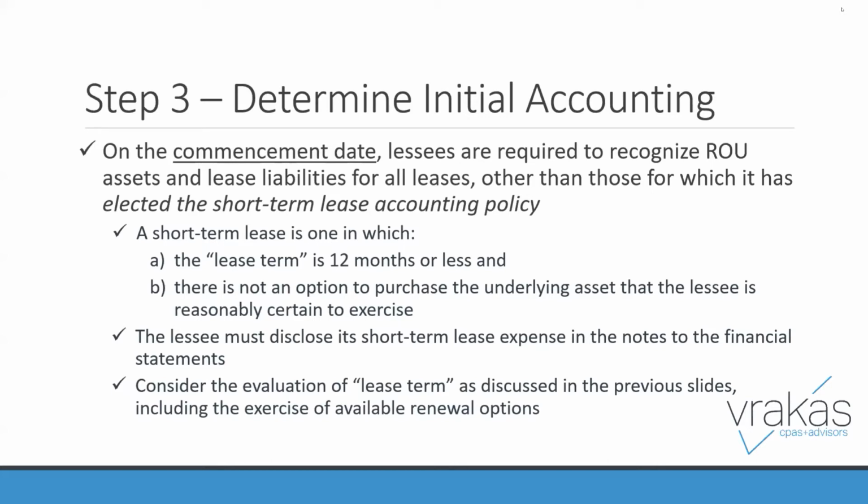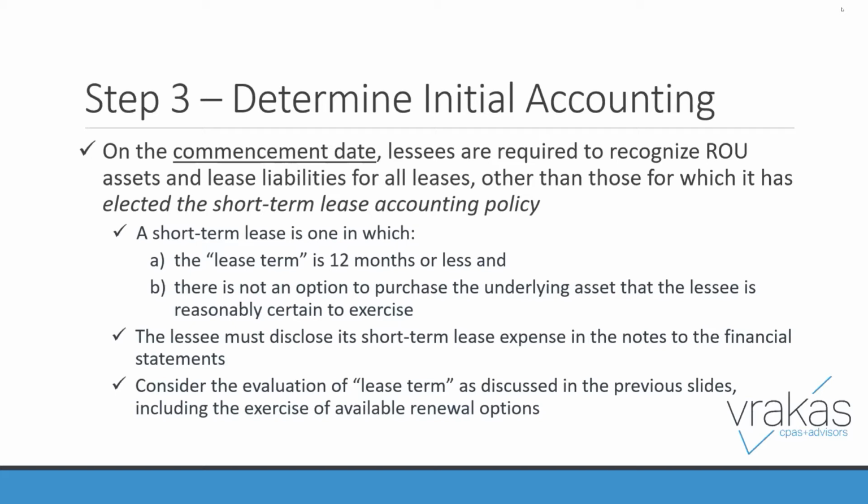But you have to, again, consider those renewal options. So when we talk about a quote lease term being 12 months or less, it's not simply the stated lease term within the contract. It would be considering any of those renewal options that are available. And if you are reasonably certain to exercise those, and that pushes you beyond the 12 months, then you would not qualify as a short-term lease.